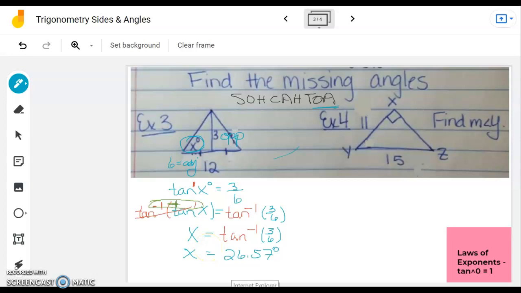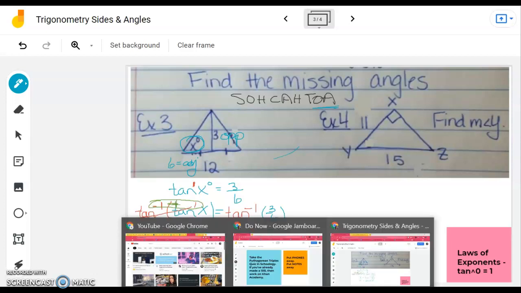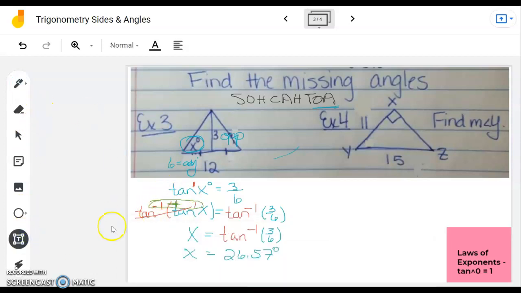Okay, so once again, we are using laws of exponents here. We are taking this tangent function, and it's to the first power, and I need to cancel it out. So we're doing laws of exponents. When you multiply a power to a power, you add the exponents.